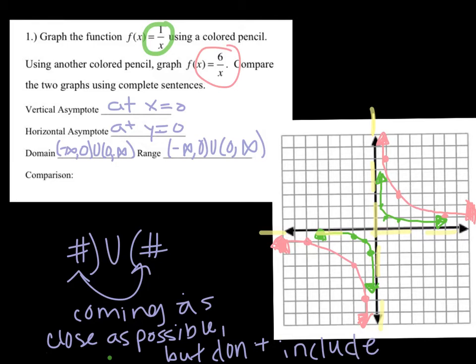So we're going from negative to positive infinity, skipping 0. The union is where you have the gap. If it asks for a comparison, the only thing that happened here is 6 over x. The asymptotes are the same, domain and range are both the same. The only thing that changed is that 6 over x is stretched further from the origin.